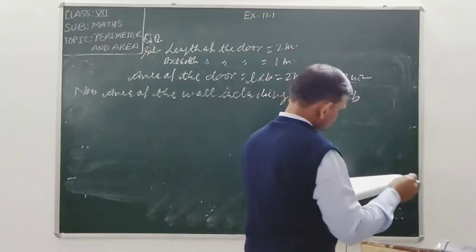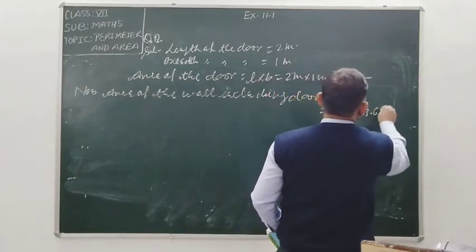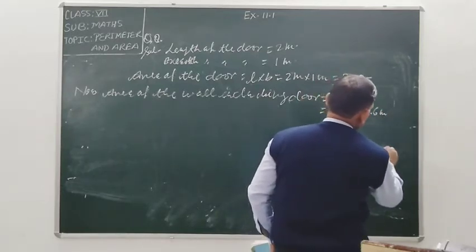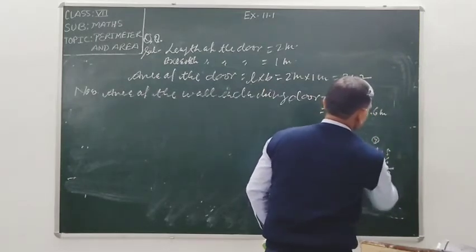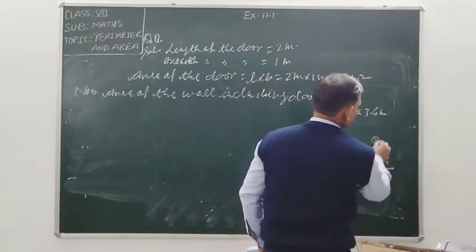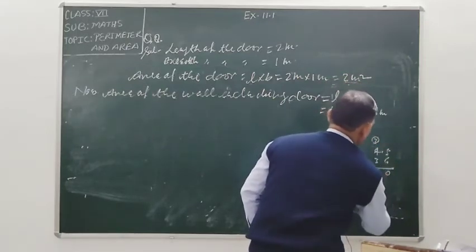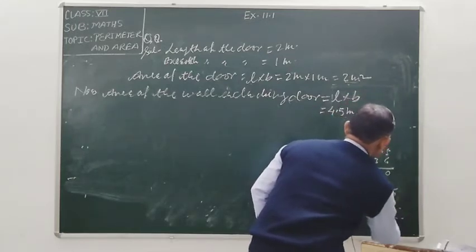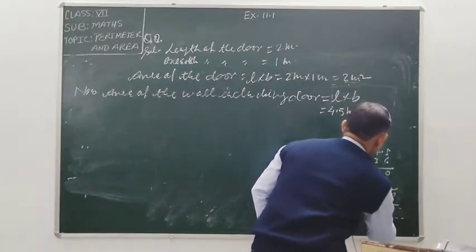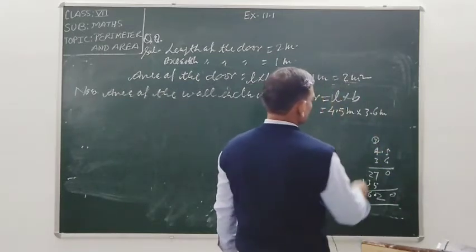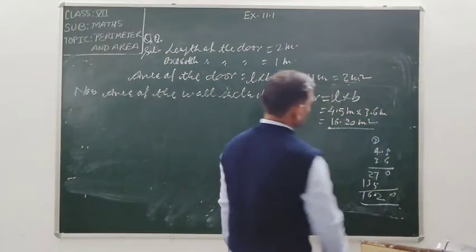Length is 4.5 meter into 3.6 meter. Multiply here. 4.5 times 3.6: 6 5s are 30, 3 carry, 6 4s are 24, 24 plus 3 is 27, 3 5s are 15, 1 carry, 3 4s are 12, 12 plus 1 is 13, so 1620. After 2 digits from the right side, we put the decimal. 16.20 meter square.